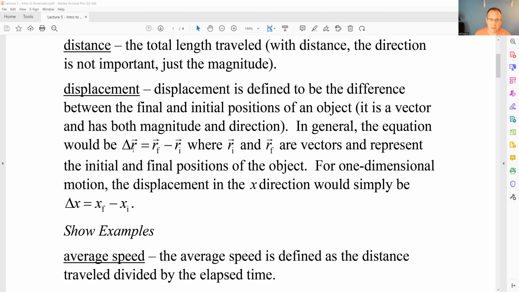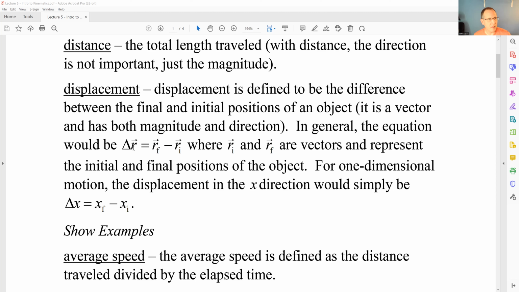So displacement is the same as change in position. Delta means change. It's defined to be r_f, the final position, minus the initial position. Notice here that you're subtracting these two vectors and you're going to get another vector, which is the displacement. So in general, displacement is really a vector and it has both magnitude and direction.